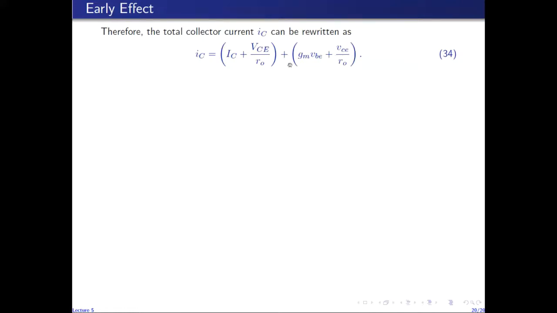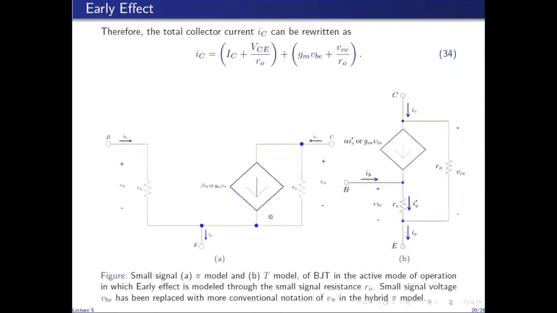So using this new component of the small signal collector current, we can augment the hybrid pi model and the T model, the small signal pi model and the small signal T model of the bipolar junction transistor, with this resistor, small R naught, connected between collector and emitter. Because previously the small signal collector current was equal to GM VBE.